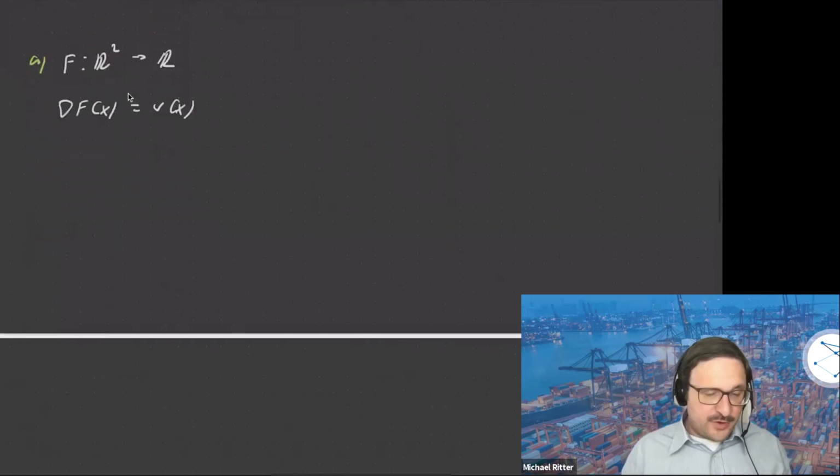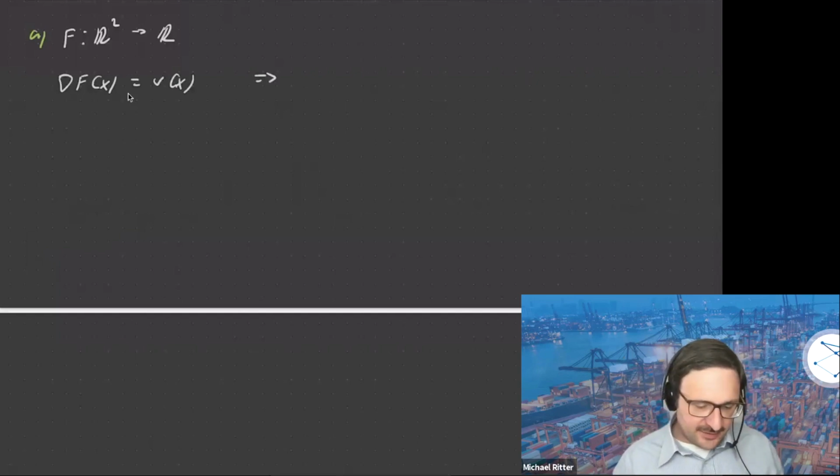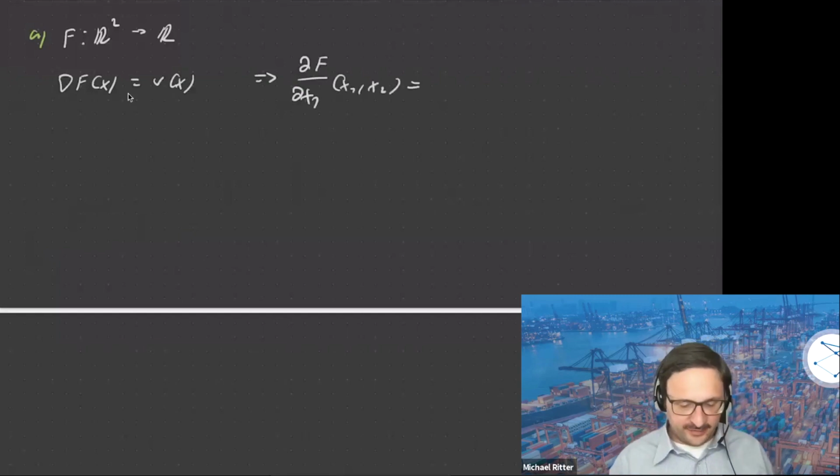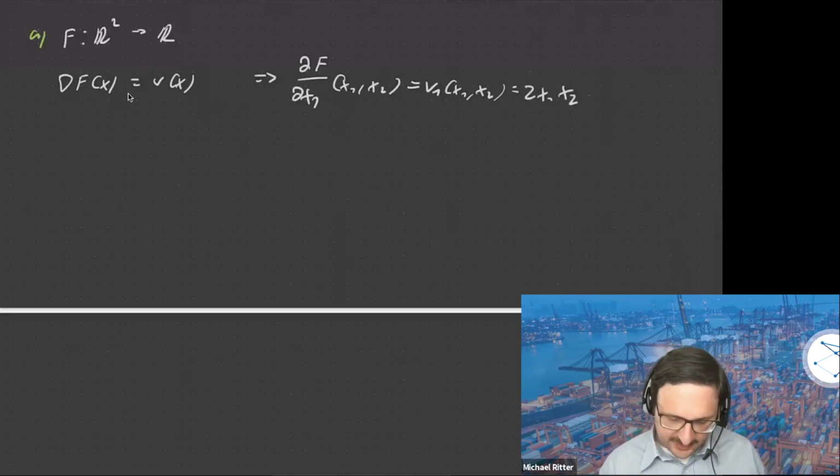So what do we need to do that? Well, if that holds, then obviously the partial derivatives of that function F with respect to x1 and x2 would be the components of the vector field. So dF dx1 is the component 1. That means that's 2x1 x2 times e to the x1 squared plus x2.